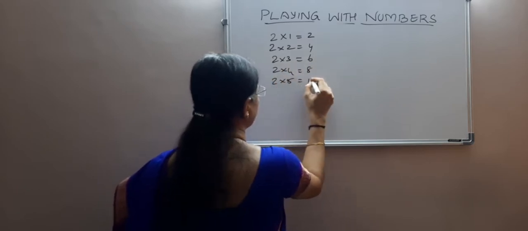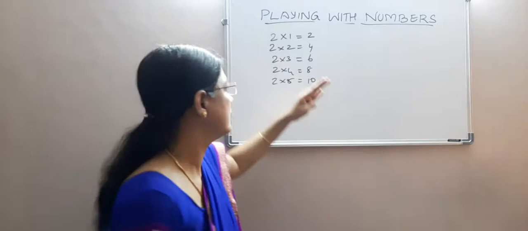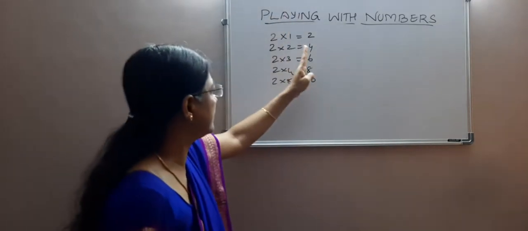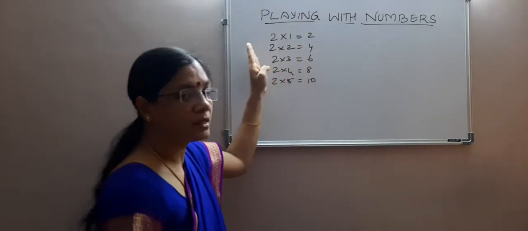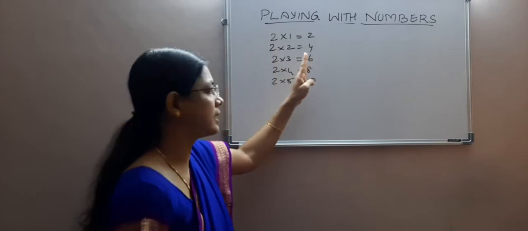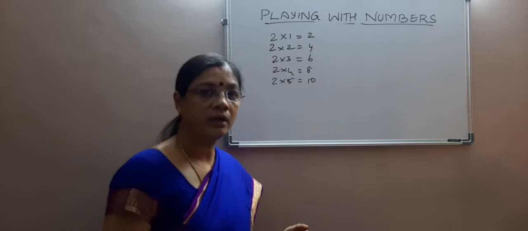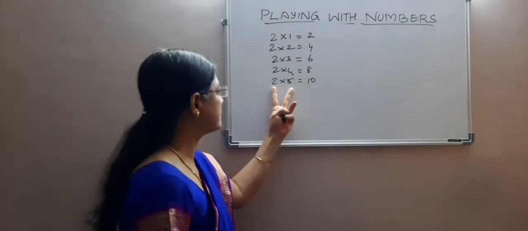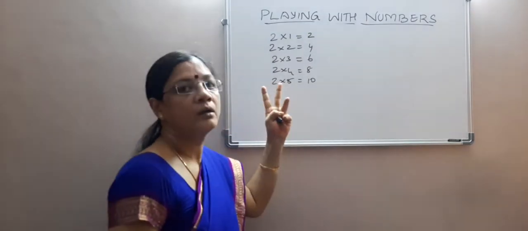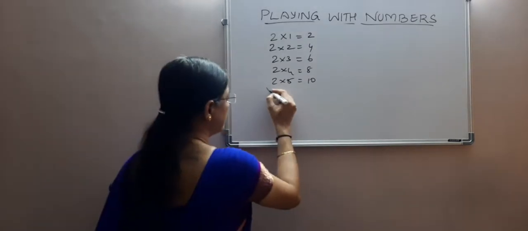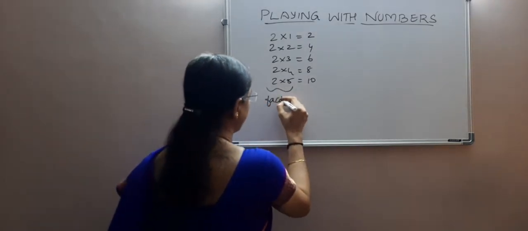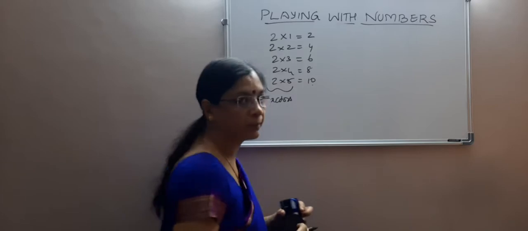If you see the left hand side of the equal sign and the right side of the equal sign, the numbers to the left are the factors. These numbers are factors of this number.